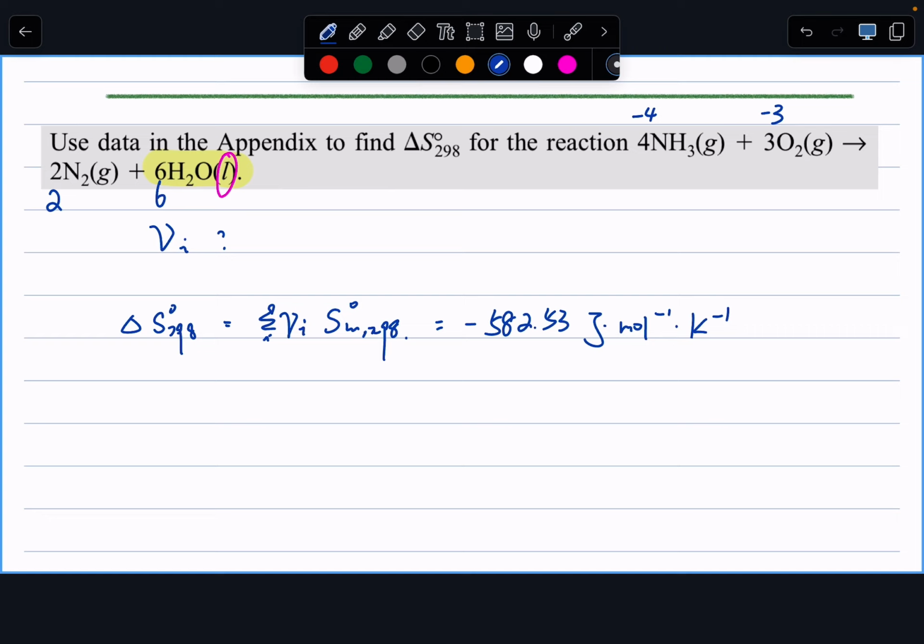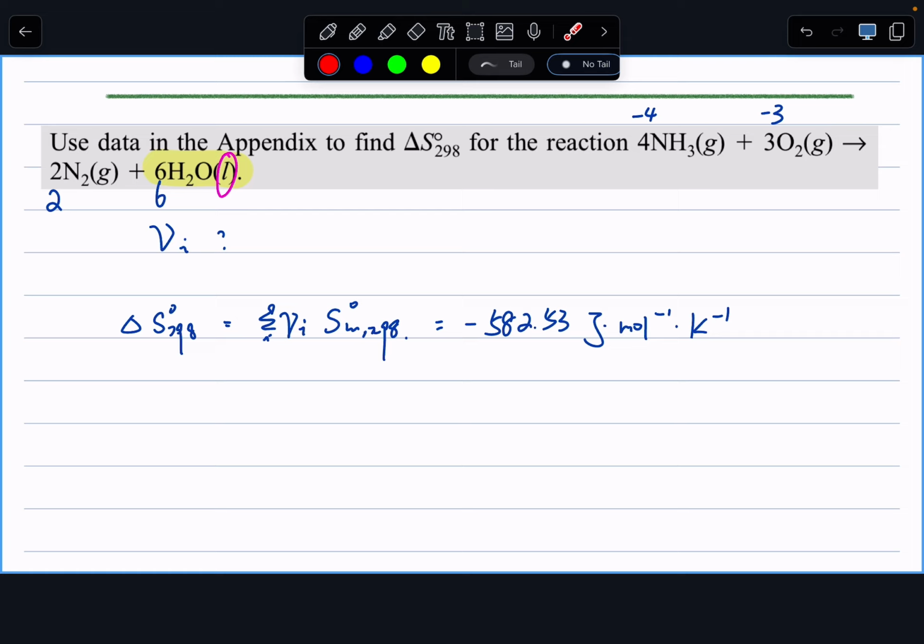So I want to pause here and ask you to think about, what does this delta S mean? Remember we started by talking about entropy, which basically tells you the probability of having a thermodynamic state. Now, gas molecules will have larger entropy compared to liquid molecules. They have much more degrees of freedom, they can move around.